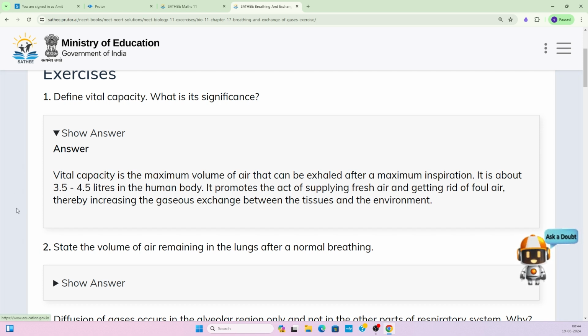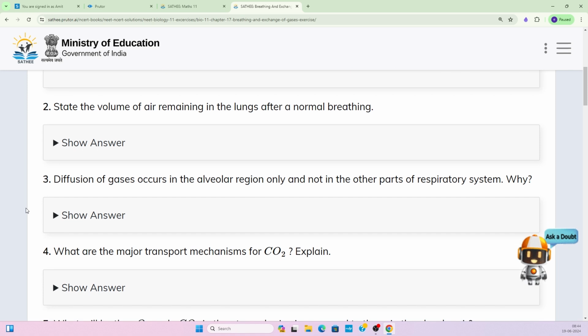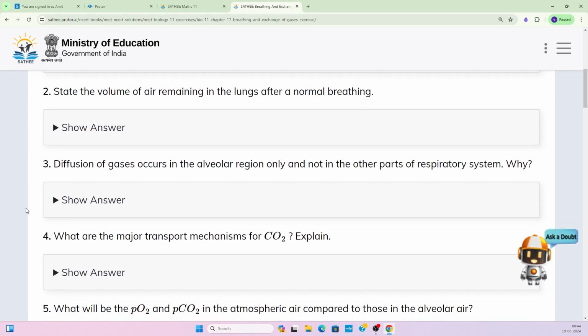Moving to our next question. State the volume of air remaining in the lungs after a normal breathing. So you have to tell about the volume of air that remains in the lungs. When you expire, a small amount of air is still left inside the lungs in a normal breathing process.